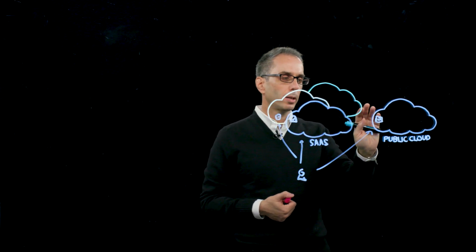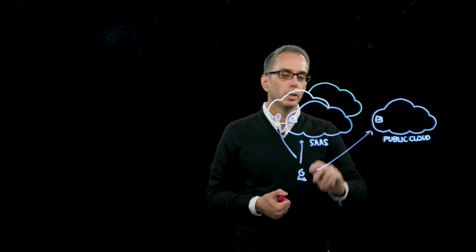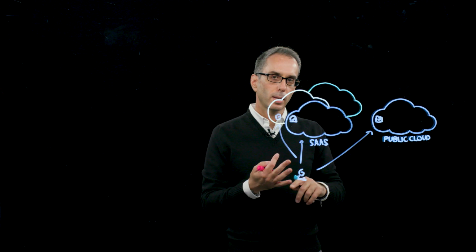The second part of it is, how do I then define policies to be able to control this? And so it's critical to be able to define policies for both your SaaS applications and your public cloud storage to be able to say, these are the acceptable types of data that can be exposed, and these are the ways that they can be exposed.